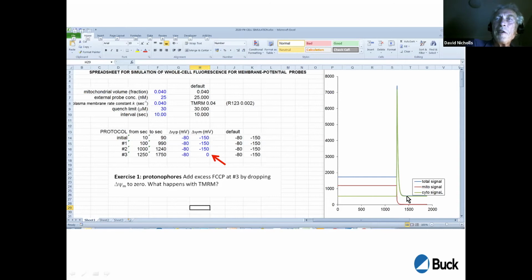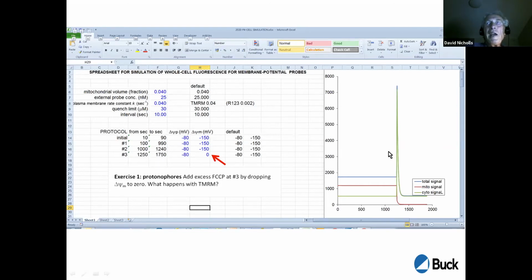It always surprises me how quick it is. When you've released this large amount of TMRM into the cytosol, you've greatly disturbed the equilibrium distribution between the cytosol and the outside. You've got 10 times as much TMRM in the cytosol than you would have at equilibrium.